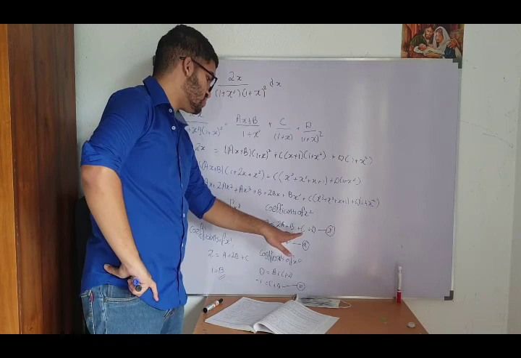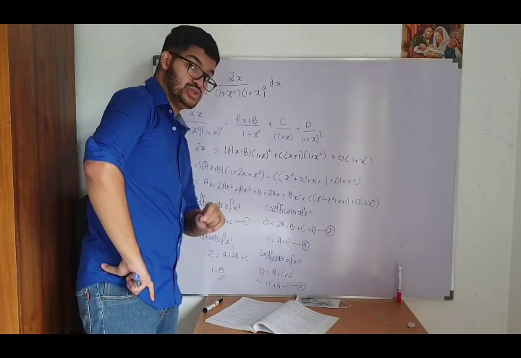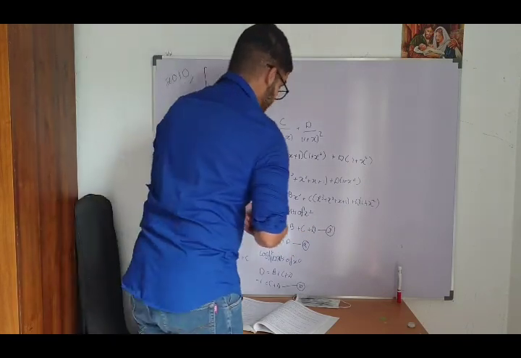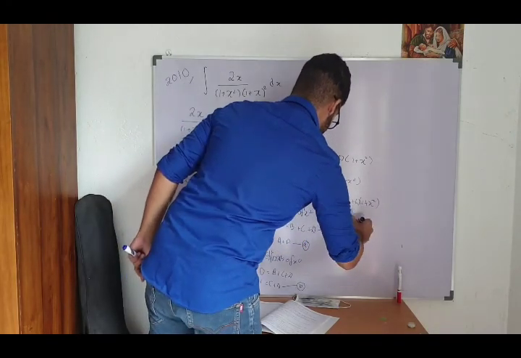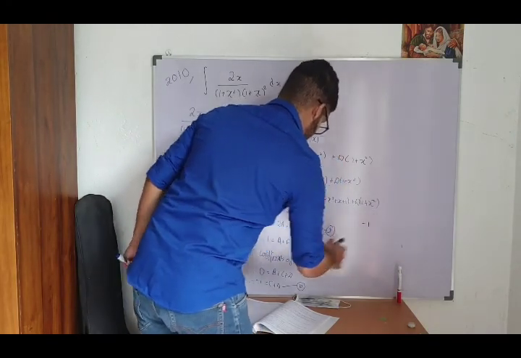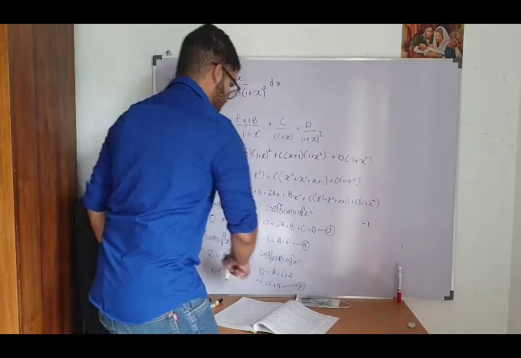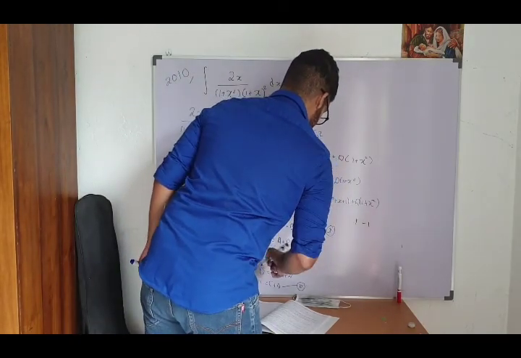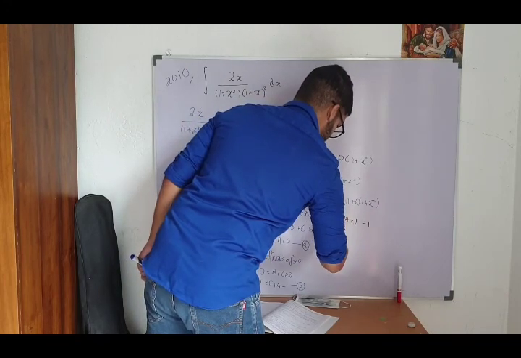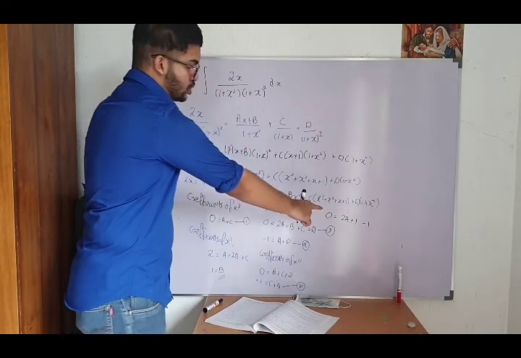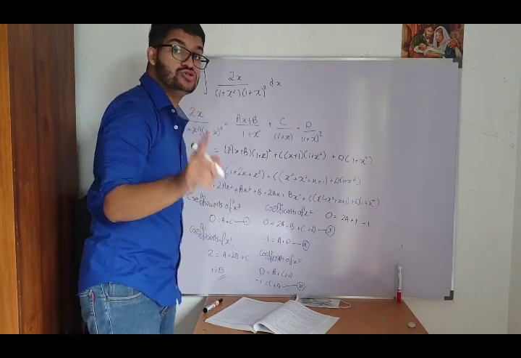So therefore, in place of c plus d, we can put minus 1, right? We can put minus 1. And then we found that b was 1 and 2a equals 0. So therefore, a is going to be equal to 0, right?